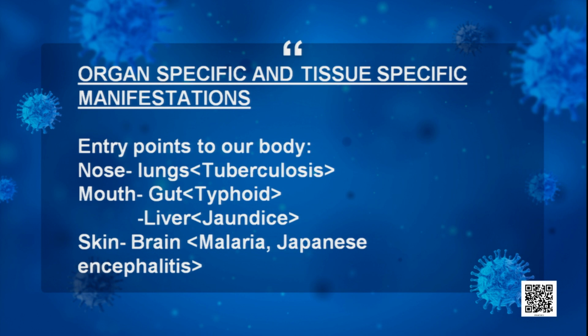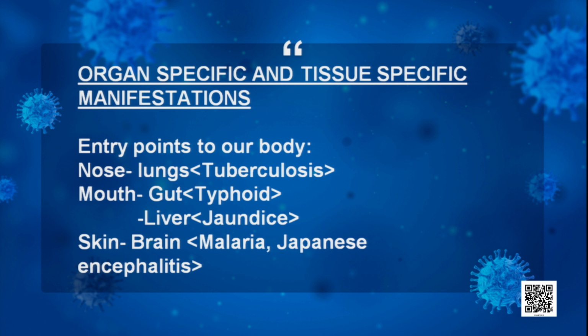Similarly, sometimes the female Anopheles mosquito is biting, sucking blood through the skin, and the disease causing agent is entering. So skin here is the point of entry. After entering, it reaches the blood. From the blood it goes to each and every cell of our body. Even it can go to the brain.